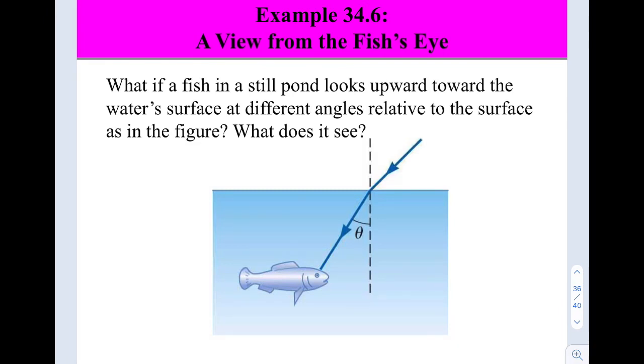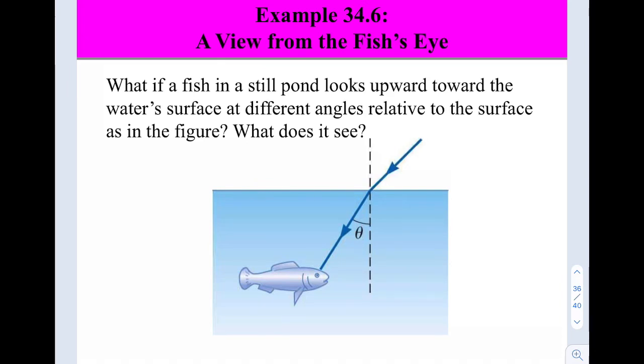A fish looking upward toward the water surface, as in this figure, can see out of the water if it looks toward the surface at an angle less than the critical angle. So the theta here must be less than the theta c of the medium.